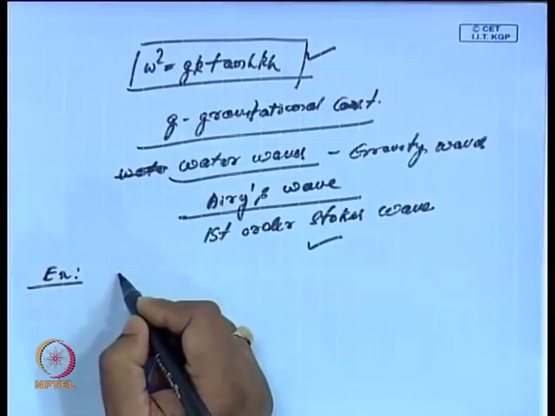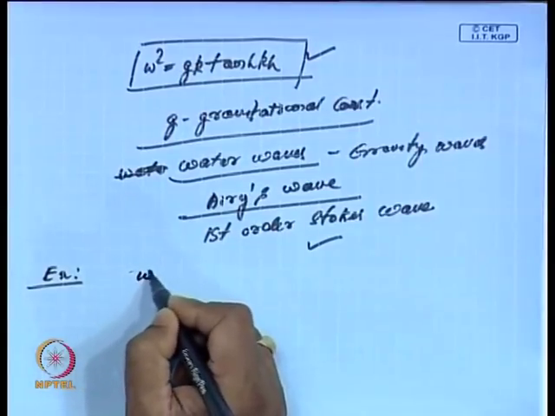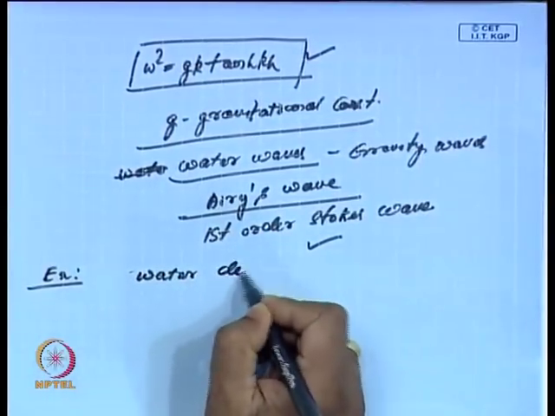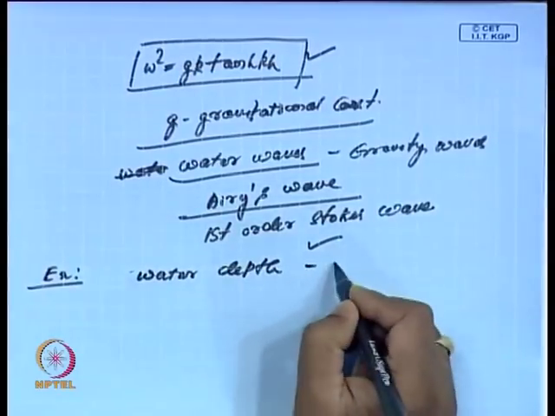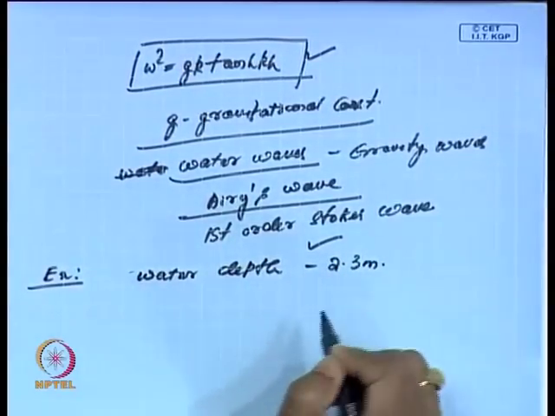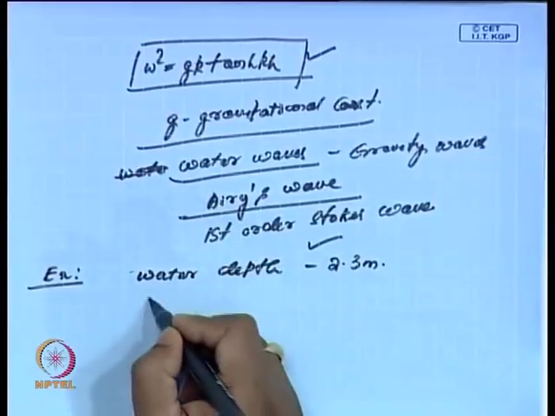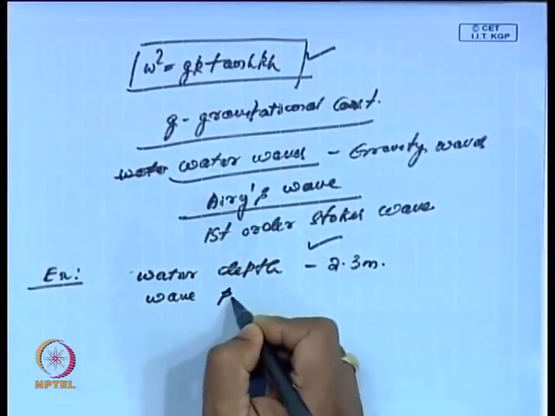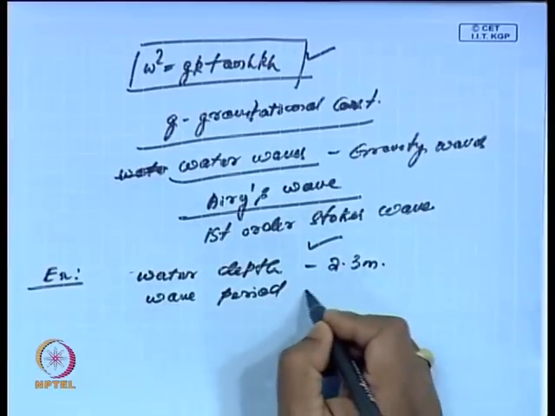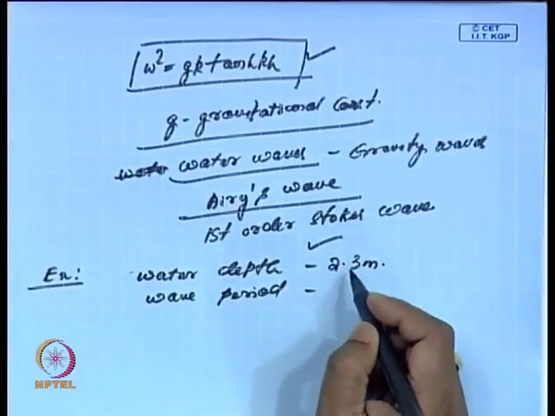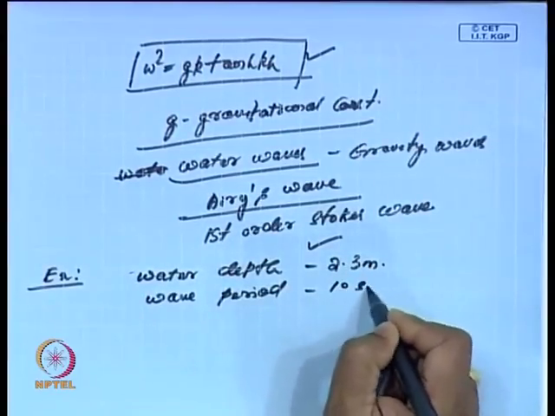But here, suppose I have a wave whose water depth is 2.3 meter, and I have a wave period of 10 seconds. Let me just work out a small example.